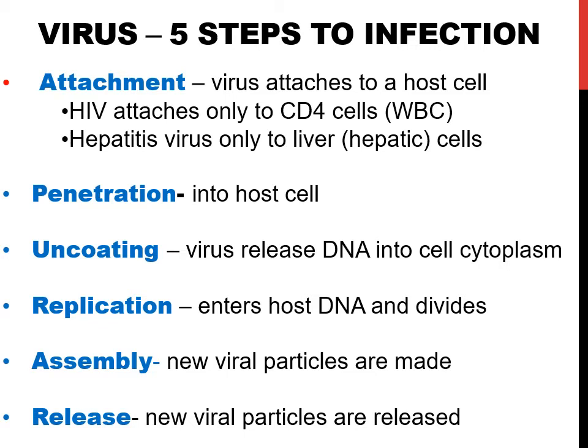So it assembles new viral particles within the cell, and then they're packaged and released out into the bloodstream by the thousands to then go and infect other cells. So there's a whole process to it, and any virus that infects the body behaves this way.